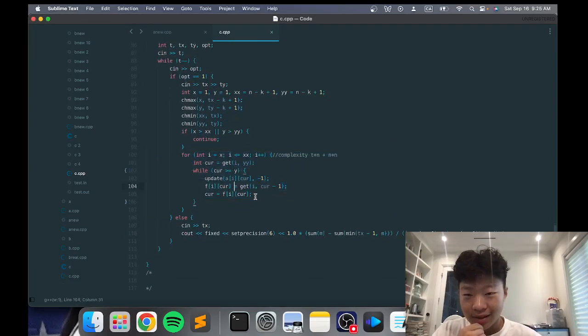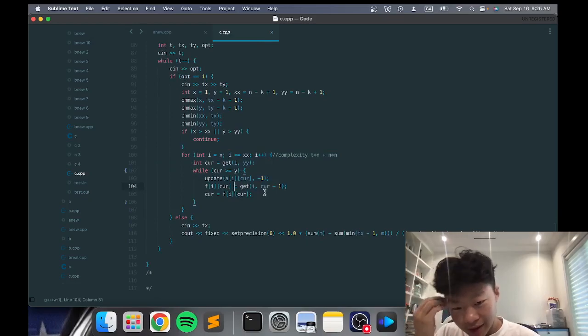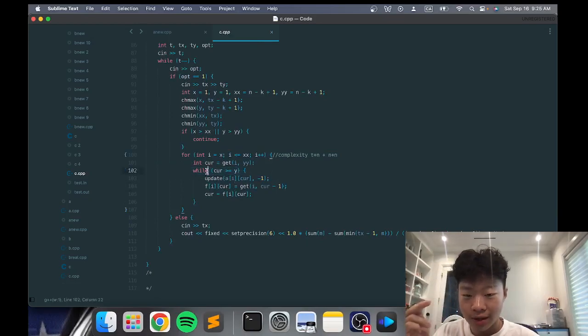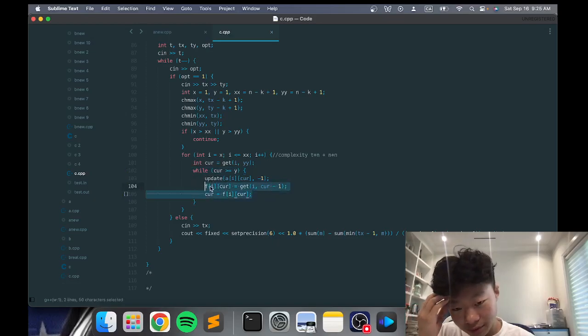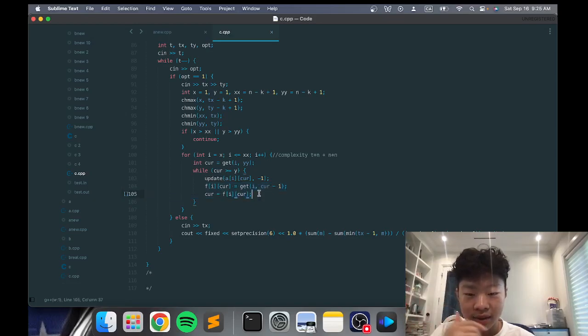Okay, so you basically start from the Y and go to its YY, and while it's boom, you keep updating and you keep connecting the DSU. You keep connecting the DSU, and then you keep deleting, keep connecting, keep deleting.